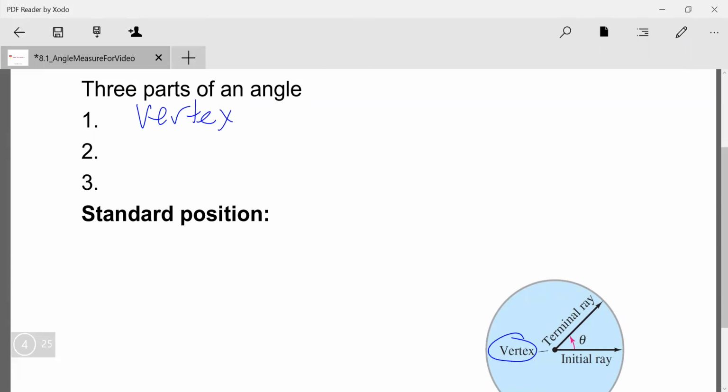And the two sides that come from the vertex.